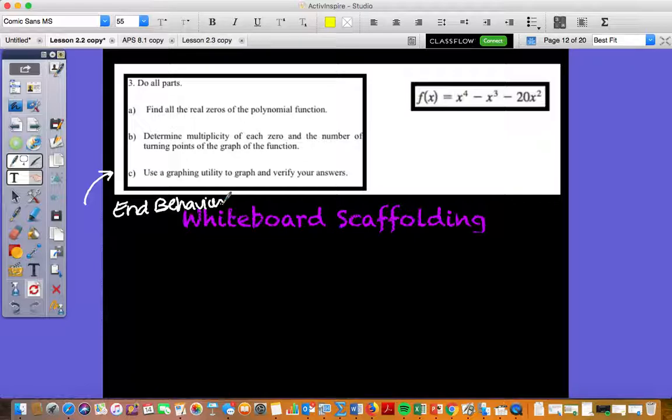So we're talking lead coefficient, the number in front of the highest degree. If it's even positive, what is it going to do? Even negative does what? Goes down. I have to do it this way because I mess up. Odd positive does what? Right here. And odd negative does what? Left hand goes up. So remember that when you're using this.